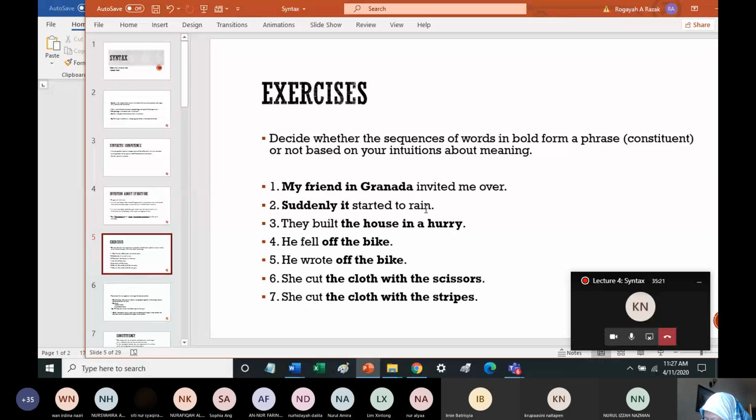Okay, Laila Aziza, what about number 2? I think it's not a constituent, doctor. Any reason why?